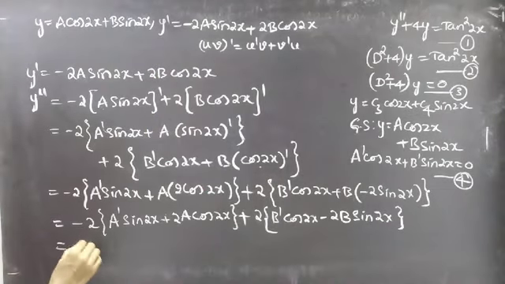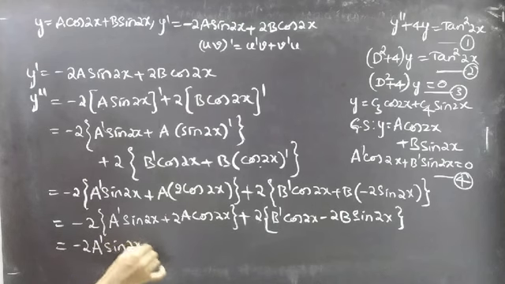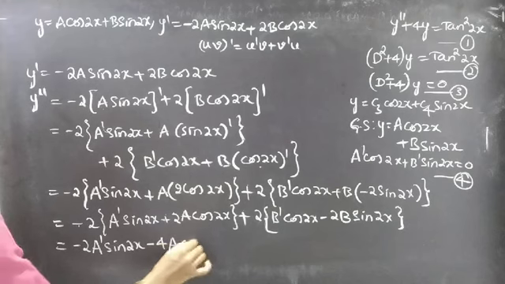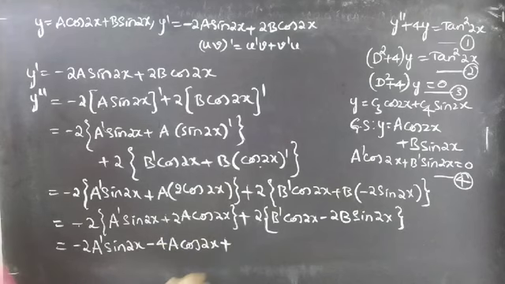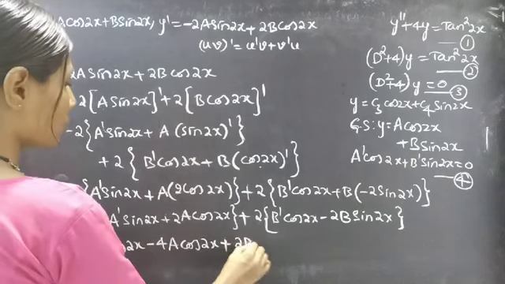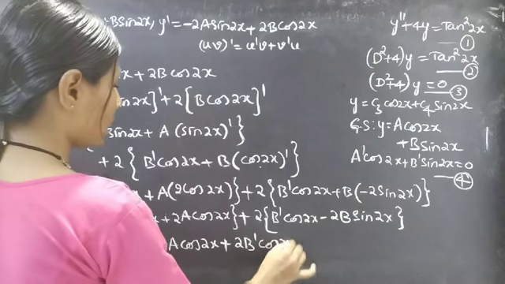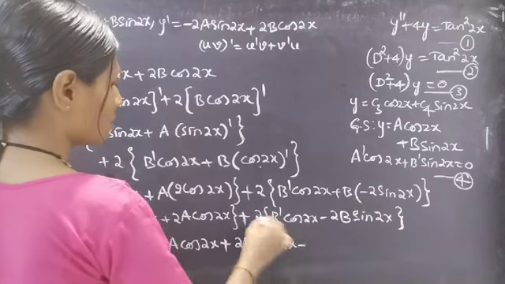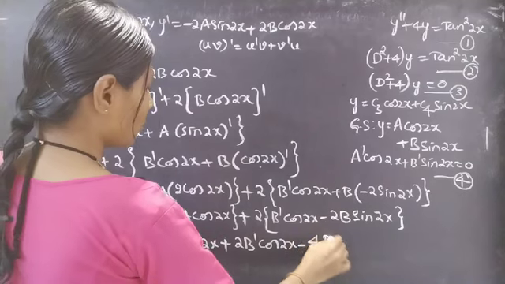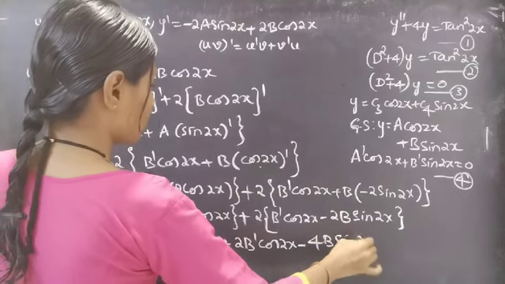This is equals to minus 2a' sin 2x minus into plus minus 2 is 4a cos 2x plus 2b' cos 2x plus into minus minus 2 is 4b sin 2x.